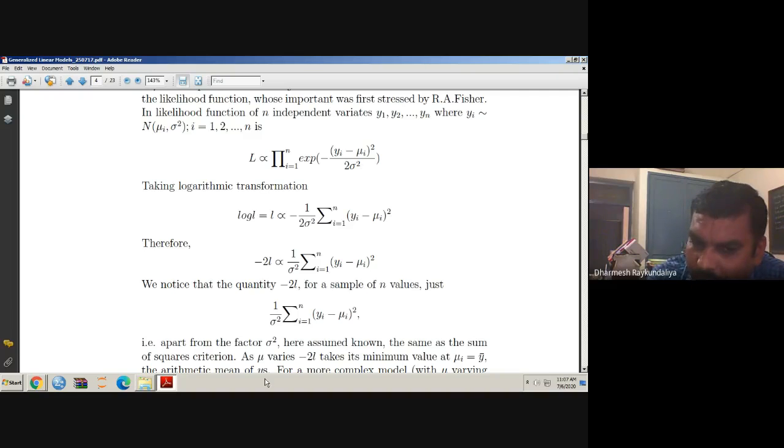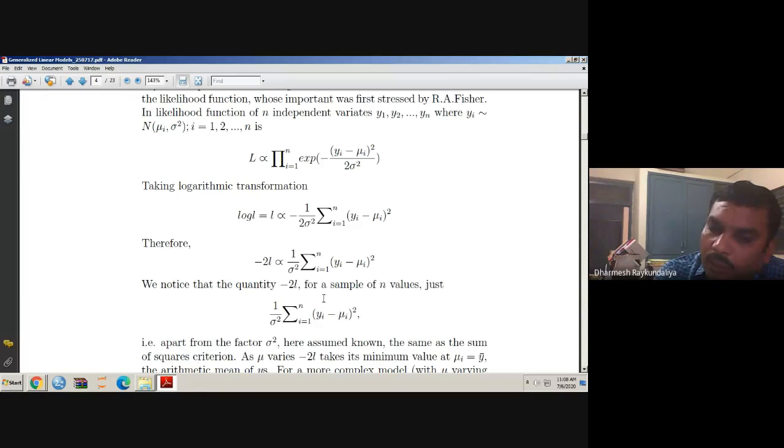But in our case, if you look at the sum of squares criterion, what we are looking for is this yi. The expected value of yi is nothing but mu i, because yi follows the normal distribution with mu i and sigma square. So it means that we wish the observed value to be closest to this mu i.